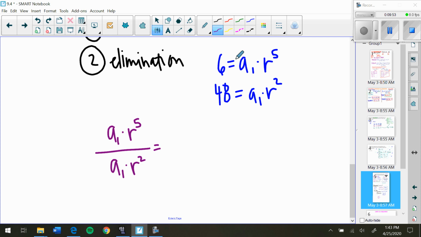Notice I'm taking the right side of these equations. So that's going to be equal to the left sides of these equations, 6 over 48. This method is called elimination. Why? Because we can now eliminate our a1s, and we can simplify this. So I really have r cubed is equal to 6 over 48, which is really 1/8.